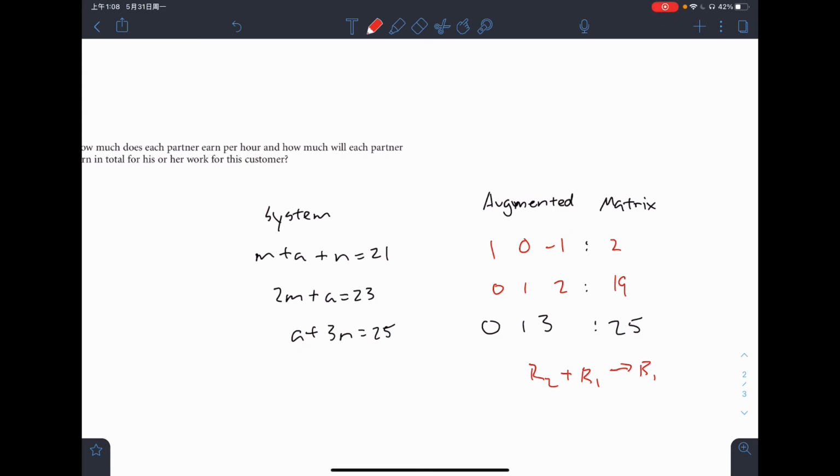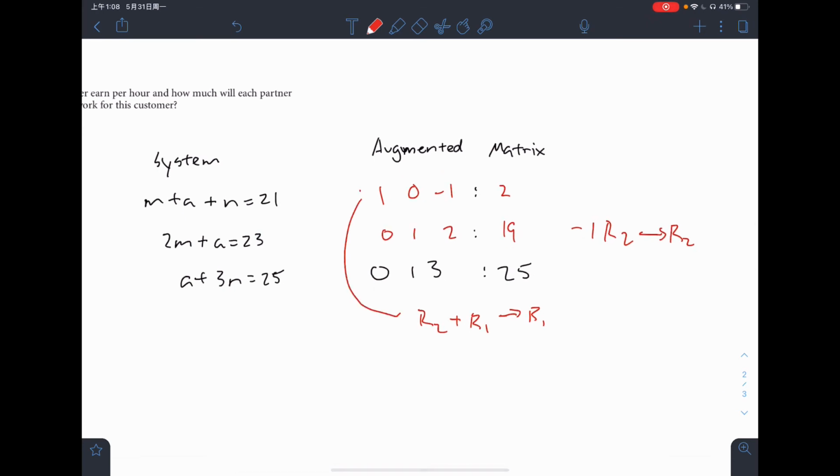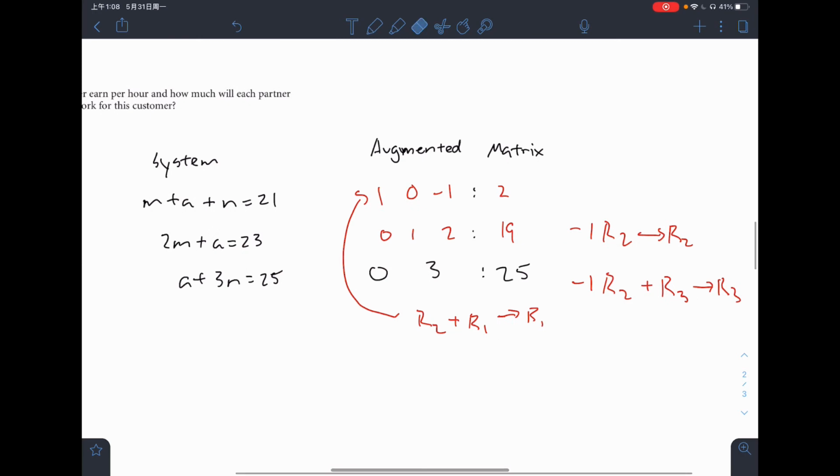And then for row 3, change the entry to 0, using -1 R2 plus R3. So it would turn out to be 0, 0, 1, and 6.